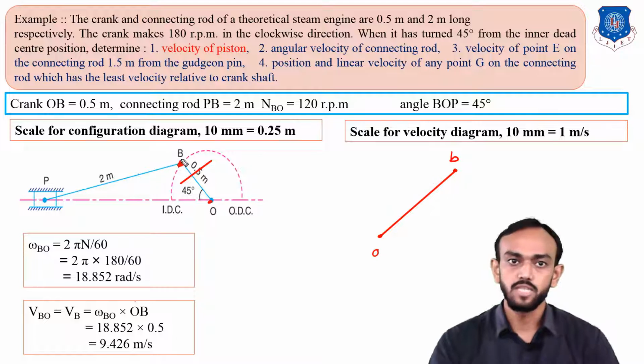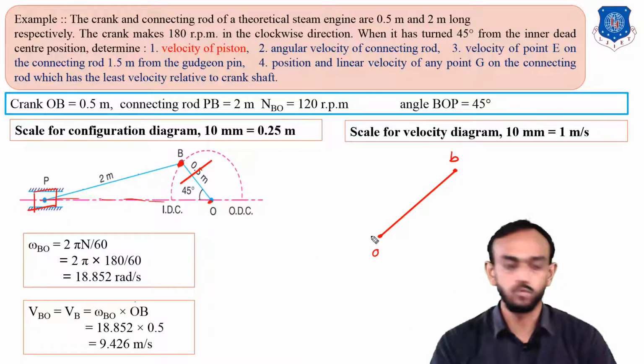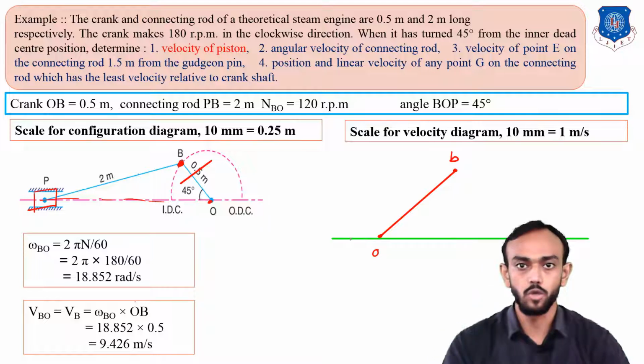Now, with respect to B, the velocity of P. P is nothing but, right now we have to consider that as a slider. And you know that the slider always slides in this direction. So the line of action of the slider must pass through the origin. Now, with respect to B, PB is a link, and the P point is also on this link.